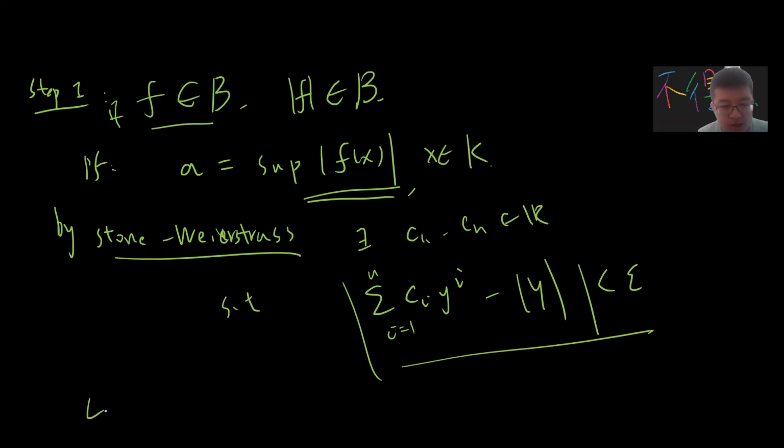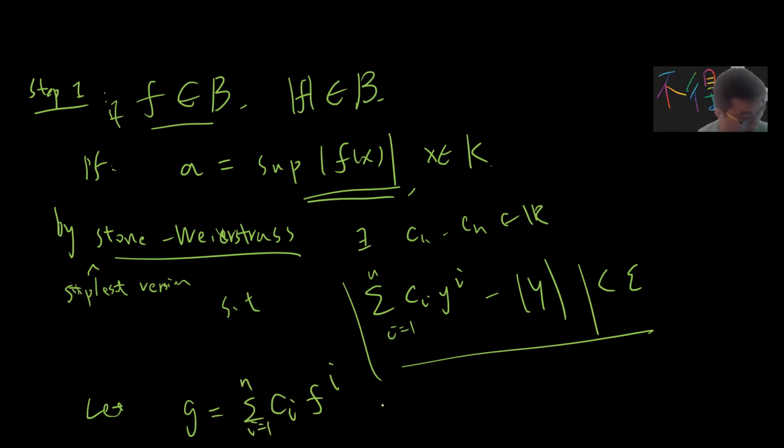This is using the simplest version of Stone-Weierstrass. Let g be the sum of c_i f^i, i from 1 to n.